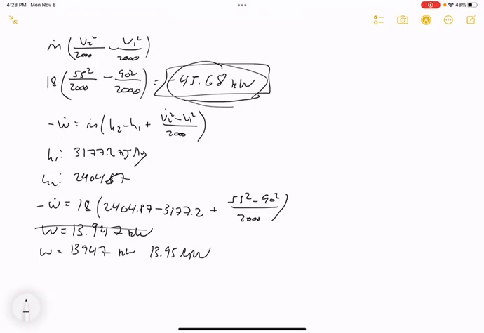And the last thing we're asked to find is the inlet area. This isn't anything really new. We did this a few times in the earlier questions of chapter 5. We know m dot is equal to area times velocity over specific volume.